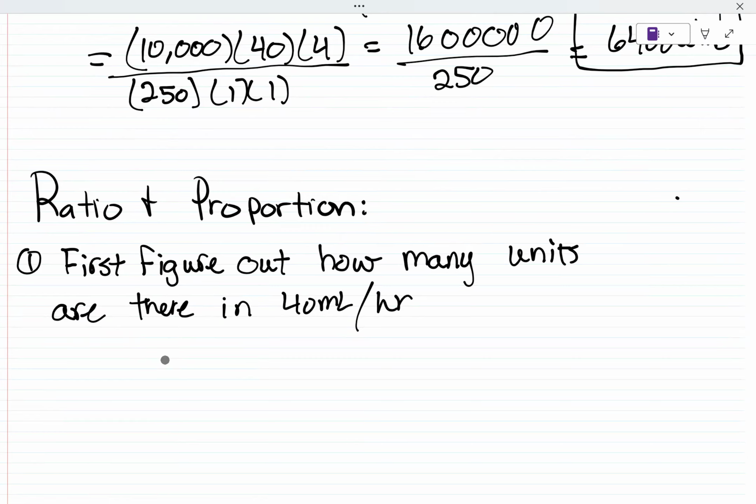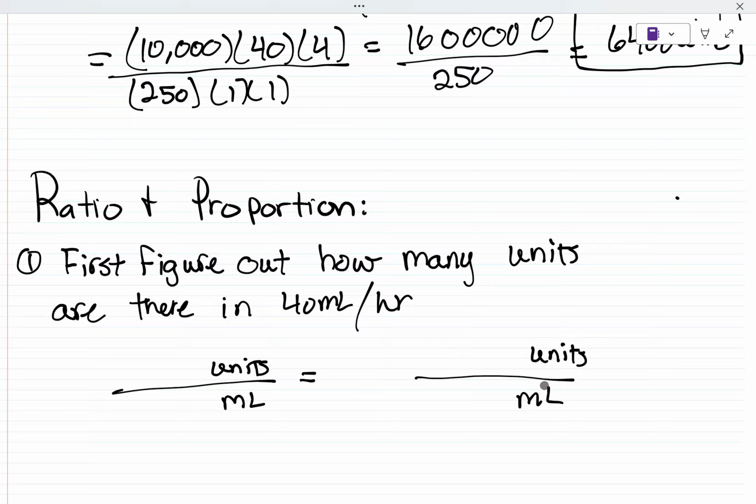So let's do this. So proportion, fraction, fraction, units on top and milliliters on the bottom, or vice versa. If you do it this way, that means units has to be on the top and milliliters on the bottom. So 10,000 units, and then 250. And then for X units, we don't know how many units, that's our unknown.